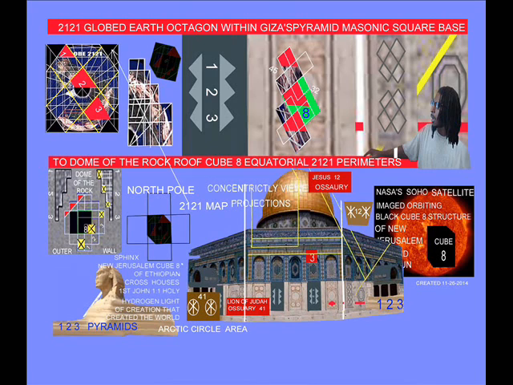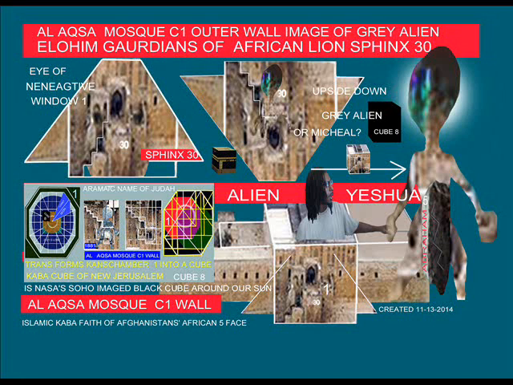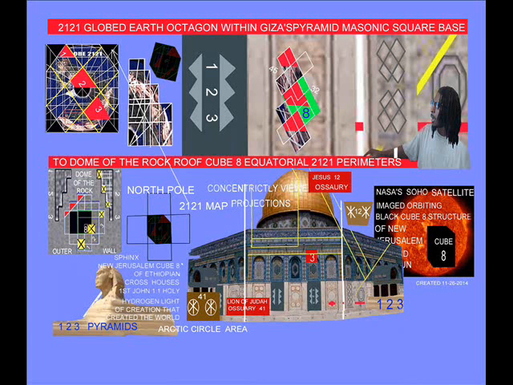We also see 3 fingers and 1 thumb gray aliens and elongated headed African ancient of days face of the first Adam. Genesis 1:26, elongated headed African Adamic race.